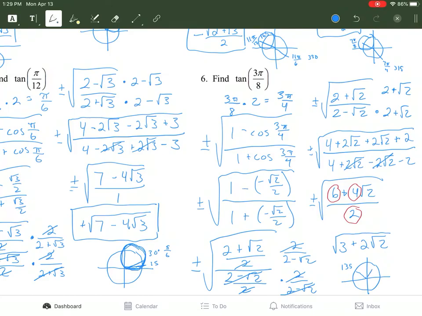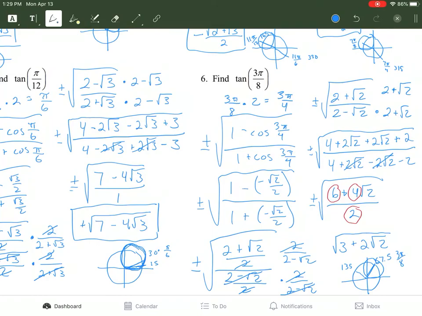Let's find it exactly. I don't want to do math in my head. So 135 divided by 2 gives you 67.5. Sorry, my apologies. So that is, again, in quadrant 1. This is where 3 pi over 8 is, because 3 pi over 4 was on the other side. So half of 3 pi over 4 is 3 pi over 8.